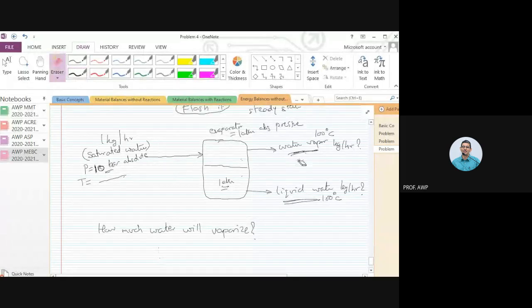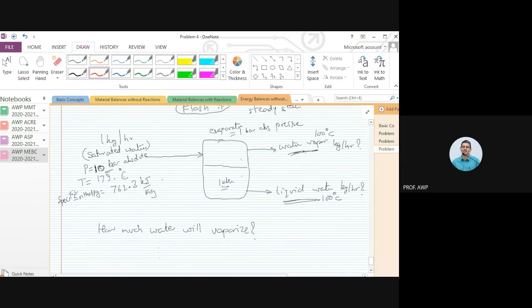Okay, bar, and they are approximately the same, 1 bar. Okay, what was the temperature of this saturated water? 179 point something degrees centigrade. What was the enthalpy? 762.3 kilojoule per kg.